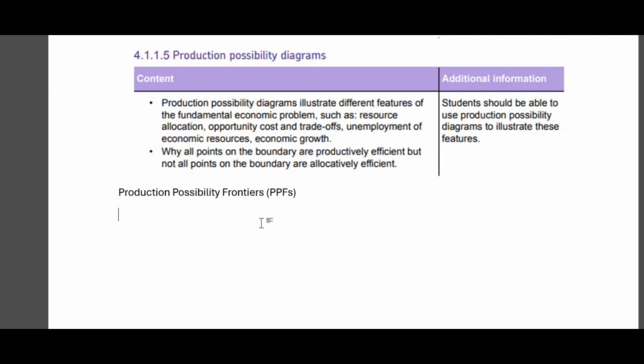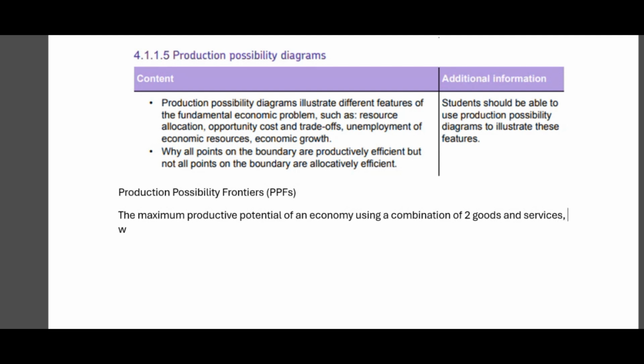So what PPFs show is the maximum productive potential of an economy using a combination of two goods and services when resources are efficiently employed.